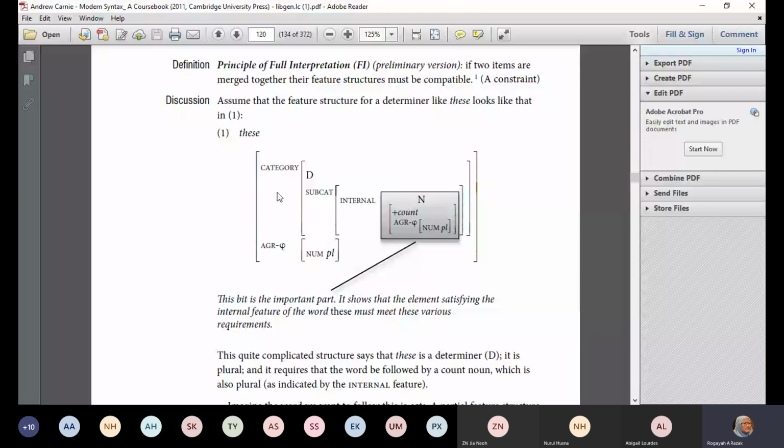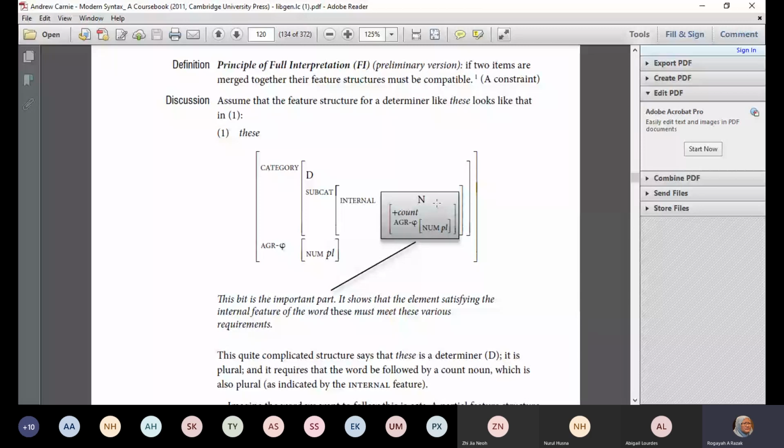So we see here he has given us the feature notation for these. So these, the category is a determiner, and then the subcat. The subcat, then there is this requirement. Okay, it's called an internal feature. Internal feature has a requirement for a certain complement. So what is the complement? The complement is a noun, category noun.